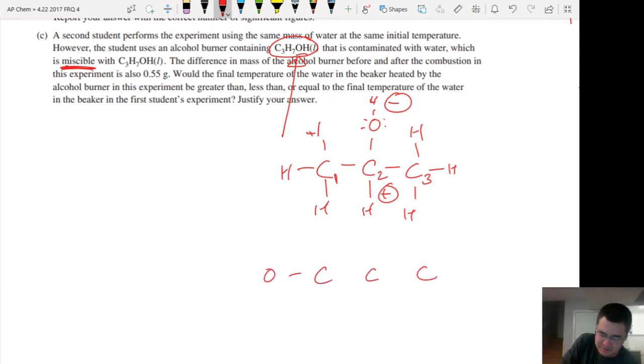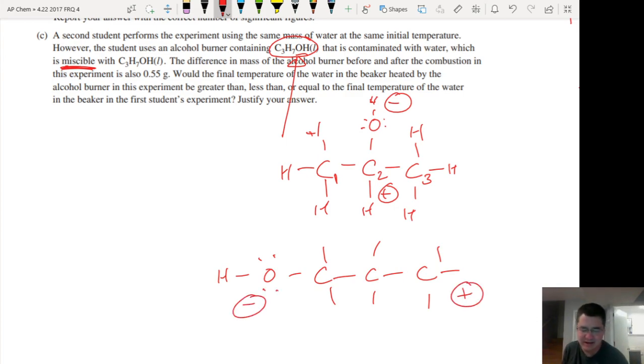Correct, because 1-propanol looks like this, and there is a bigger imbalance of charge because the negative is at one end of the molecule. So this would be more polar, and this is less polar, but it is definitely polar.